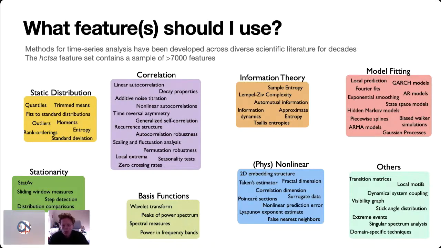There are large numbers of possible methods for trying to understand the structure in time series data and for mapping a time series recording to a single real number that captures some structural property in it.